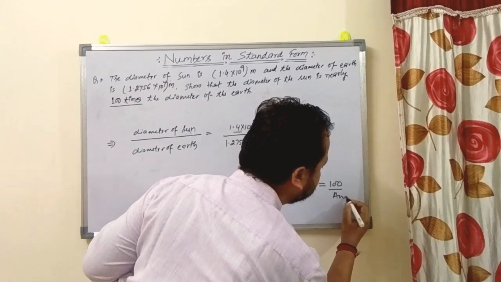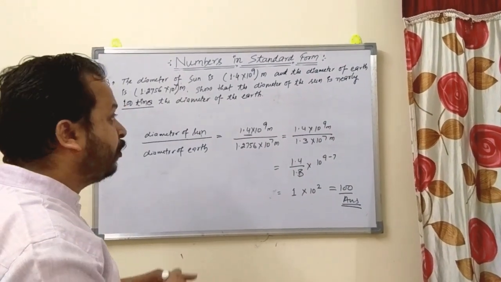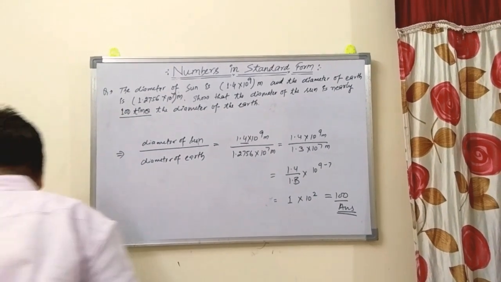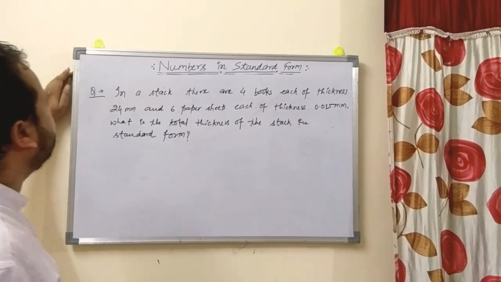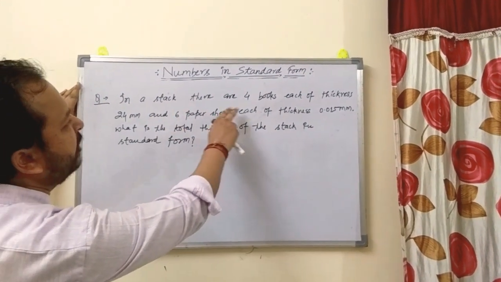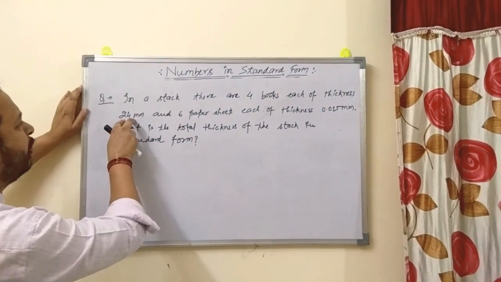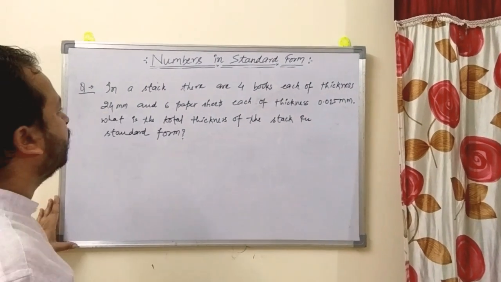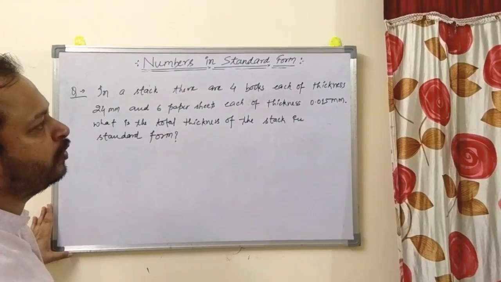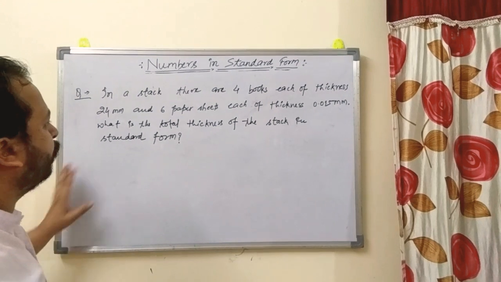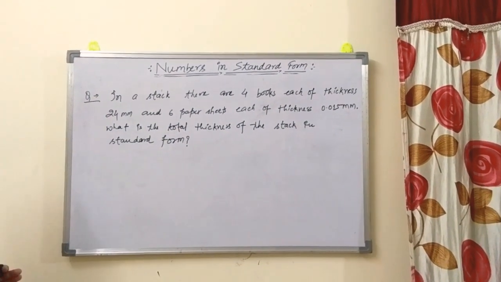So this is your answer, right? Come to next question. So question reads as, in a stack there are 4 books, each of thickness 24 millimeter, and 6 paper sheets, each of thickness 0.015 millimeter. What is the total thickness of the stack in standard form?